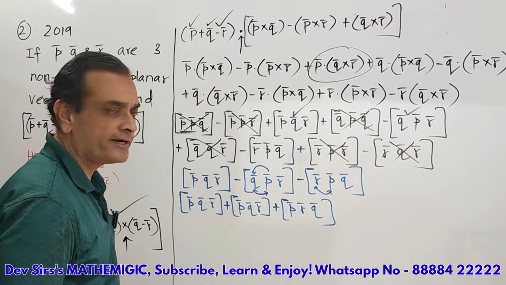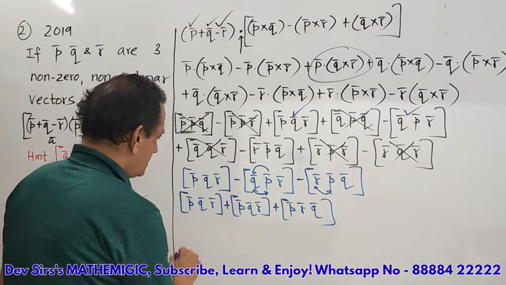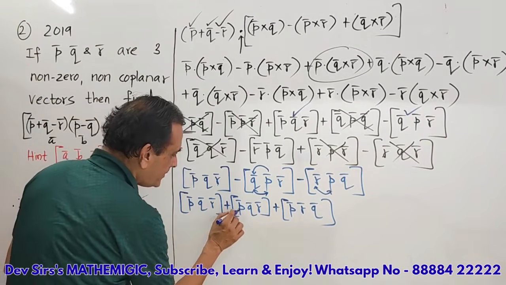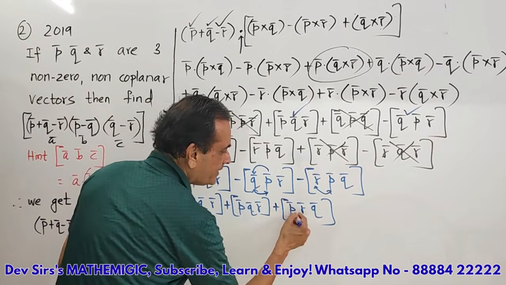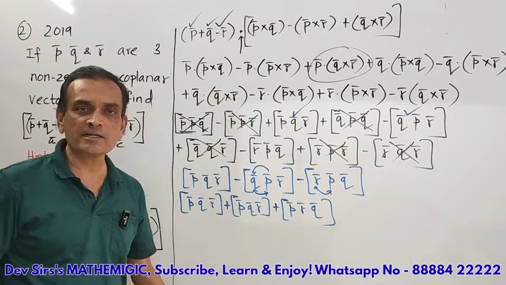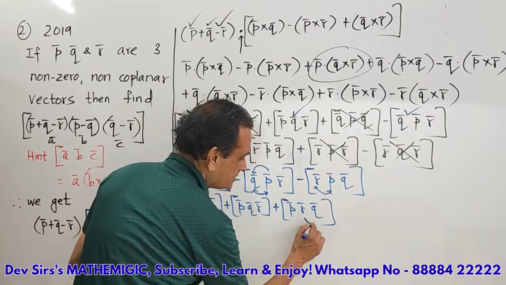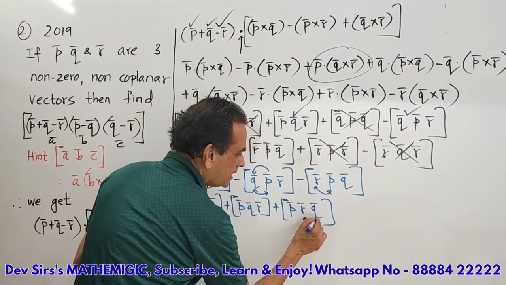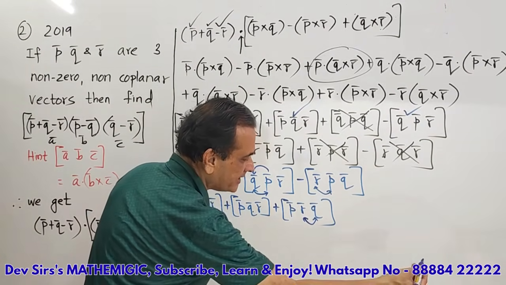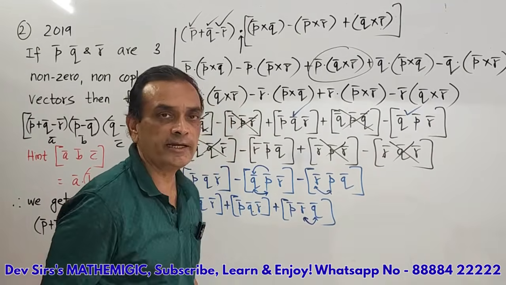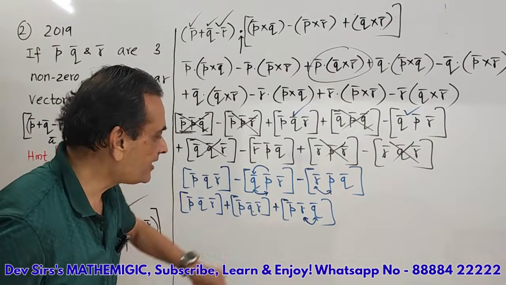Last step, quite interesting. It's like a game. I got PQR here, PQR here. Try to get PQR here also, so that you can add and subtract. So how do you get PQR here? Just interchange these 2. Get Q here, R को third place पे डालो. When you interchange any 2 vectors, sign in front will change.